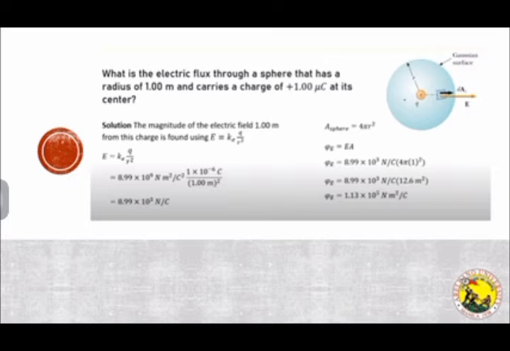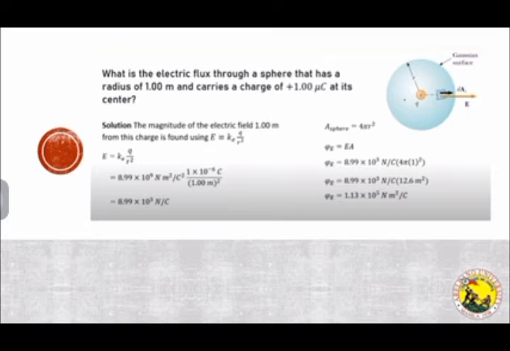Substitute the value for the electric field, 8.99 times 10 cubed newtons per coulomb, and for the area it is 4 pi times 1 squared. Then the area will become 12.6 meters squared.